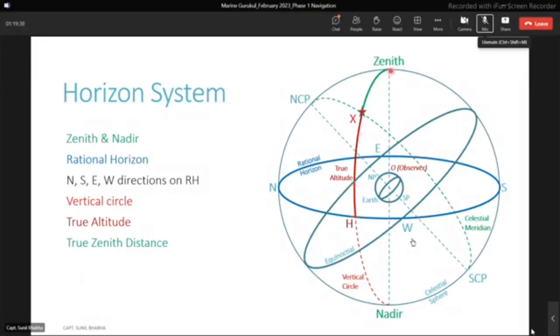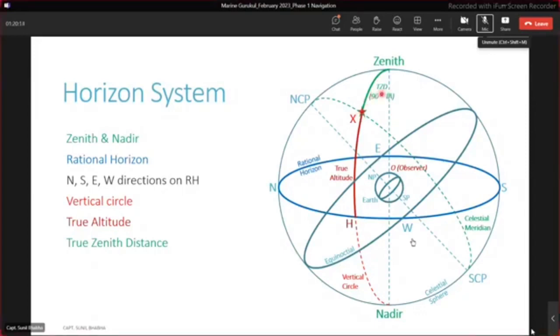So from the zenith Z point to H, which is on the rational horizon, this total arc is 90 degrees, and we know from H to X is the true altitude of the body. So it immediately tells us that the true zenith distance of the body, represented by this green color arc or ZX, will be equal to 90 minus true altitude.